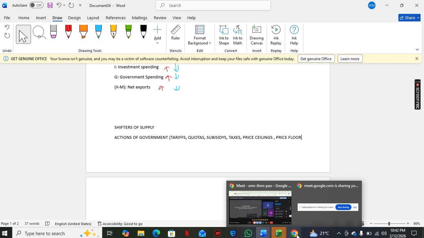One benefits the customer, and the other one benefits the seller. What's the price floor?